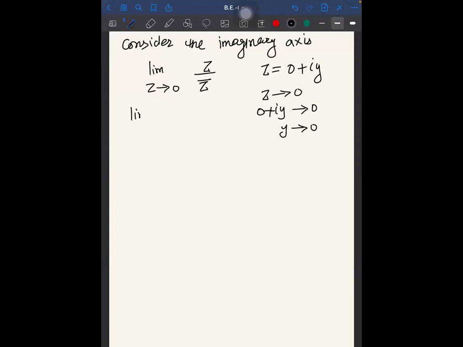So limit y goes to 0, 0 plus iota y upon the conjugate of 0 plus iota y. Now the conjugate will matter here, so it will make it minus iota y. Are you with me? Yes, sir. So this will become minus 1, right?